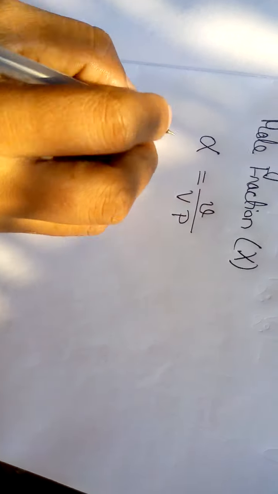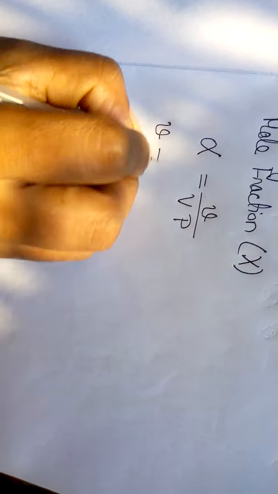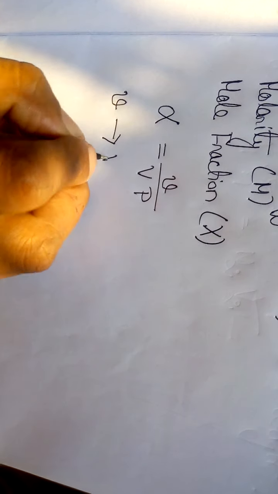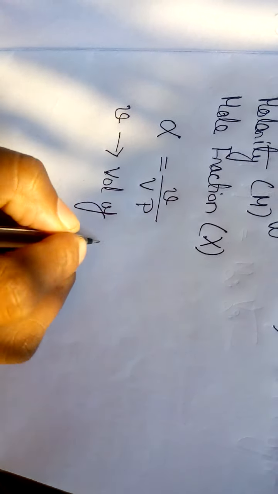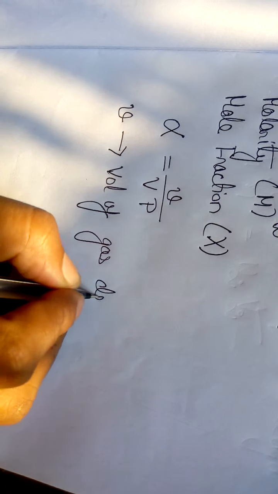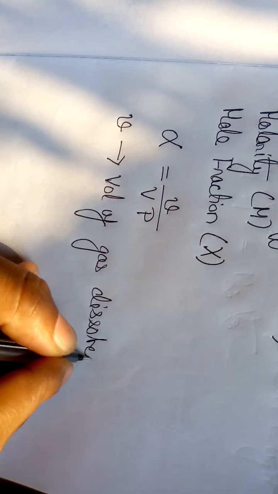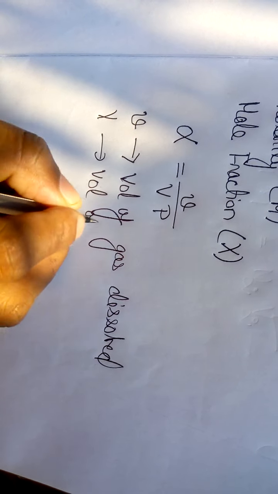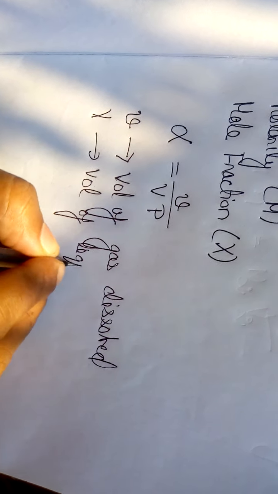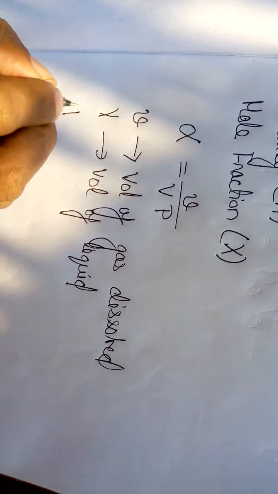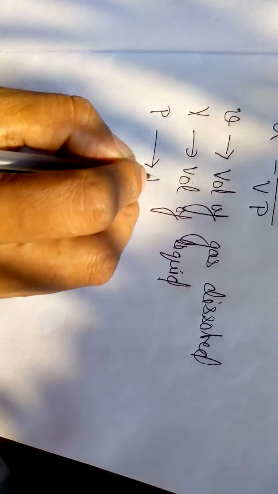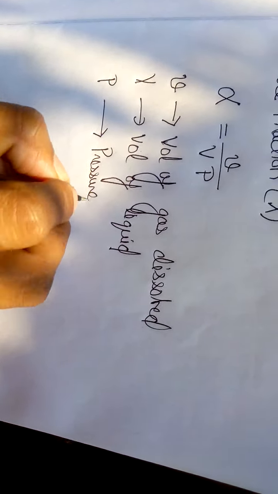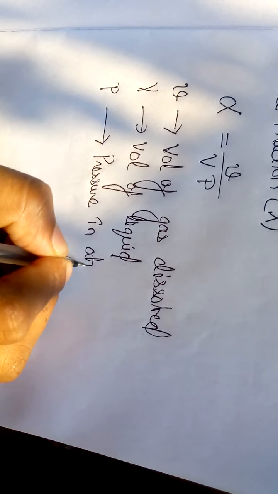where small v is the volume of gas dissolved, capital V is the volume of liquid, capital P is the pressure in atmosphere.